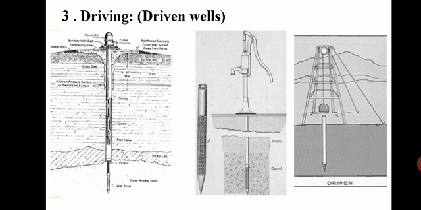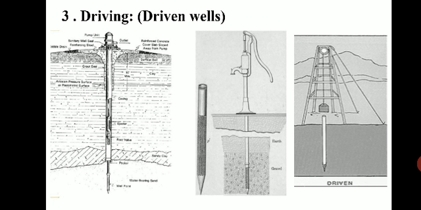Such wells can be constructed up to 10 meters if hand driven, and if heavy hammers of about 300 kg are used, then you can go about 15 meters below the ground. The maximum yield of such a driven well is usually around 200 liters per minute.